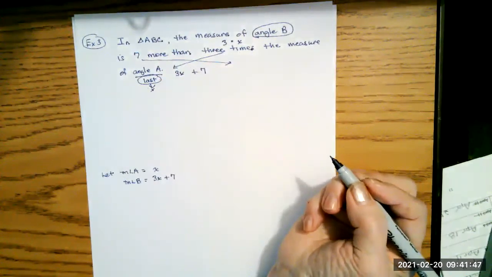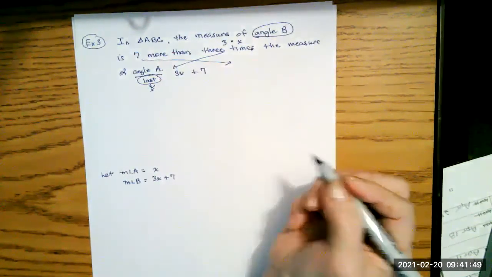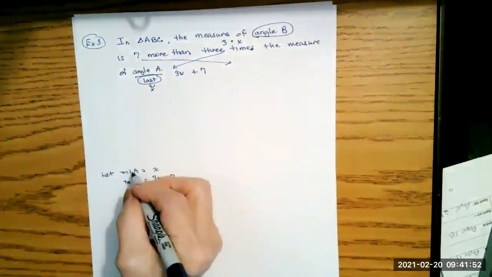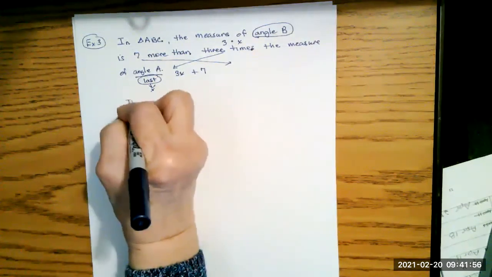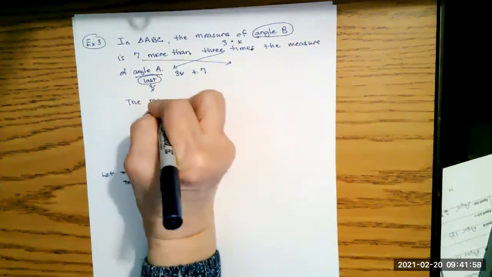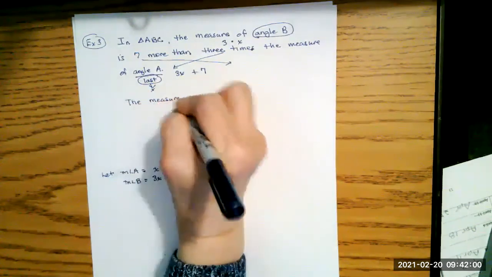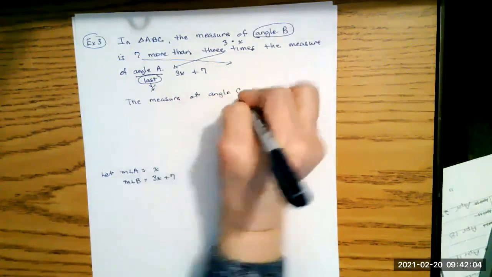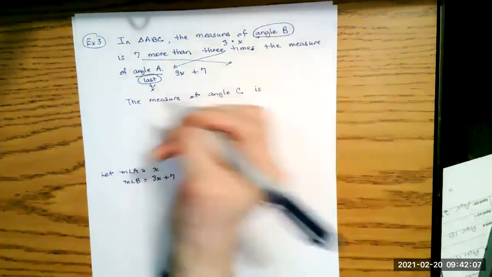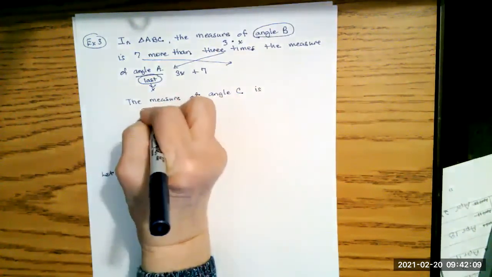Now let's see what else our problem says. We have angle A and we have angle B, so there must be an angle C. The measure of angle C is 38 degrees.